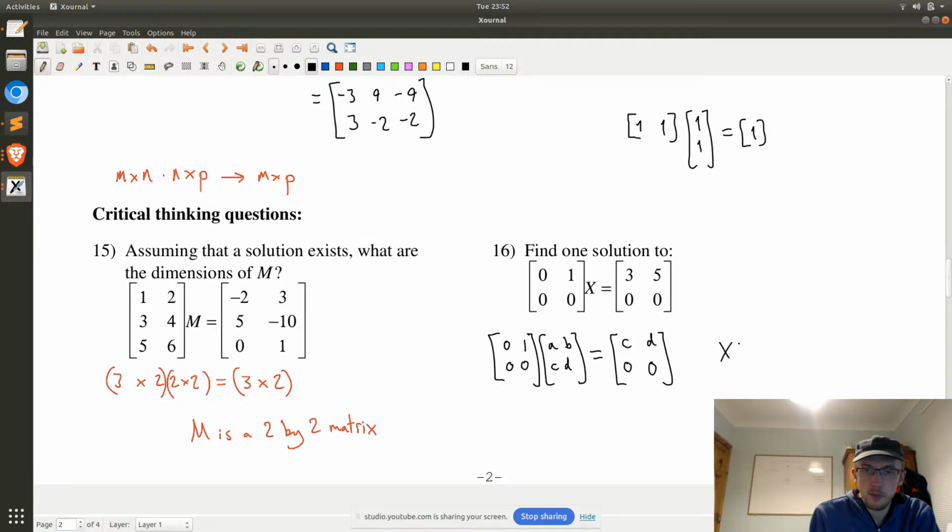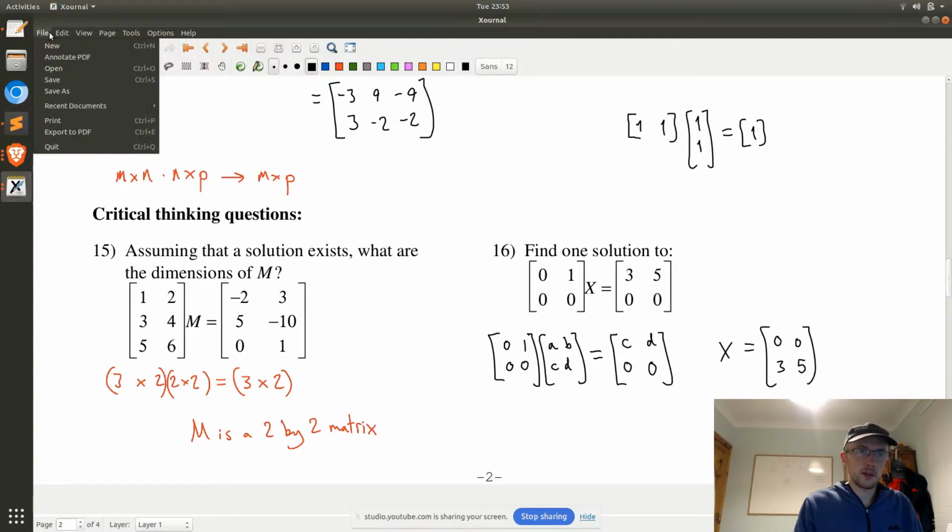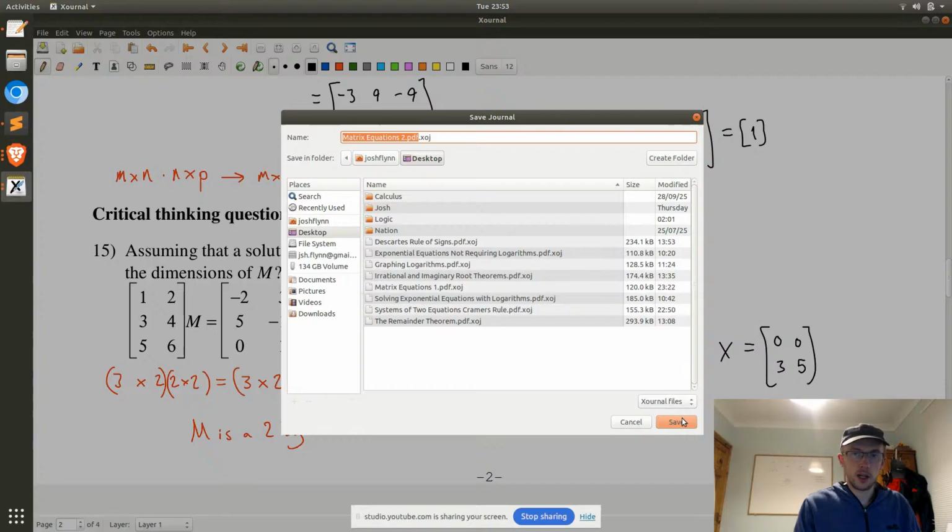Well, based on that, X must be 3, 5 on the bottom and 0, 0 on the top. And now we check. Oh, yes. 3, 5 on the bottom, but it can be anything on the top. Can't it? Yes, it can. Okay, that's good. So all done.